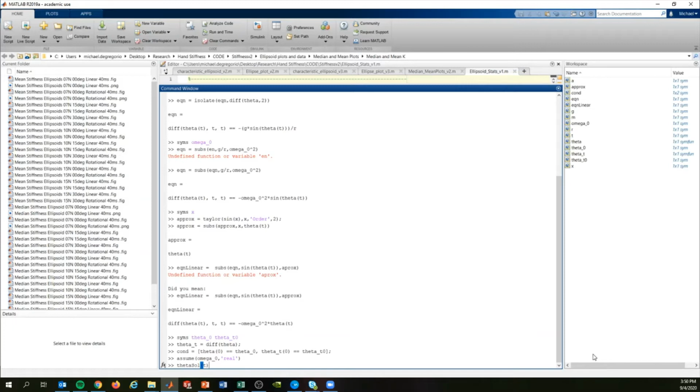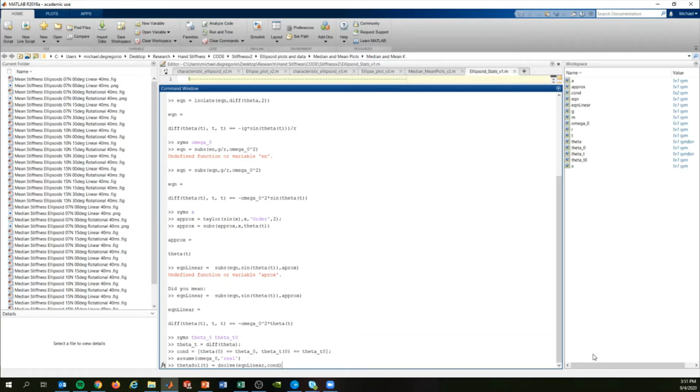All right. Next step is we're going to define theta solution of t, and that's equal to dsolve. So differential solver. We're going to solve the equation linear, EQN linear, by using dsolve. And so dsolve is the command, and we're giving it EQN linear, our linear equation, and our initial conditions.